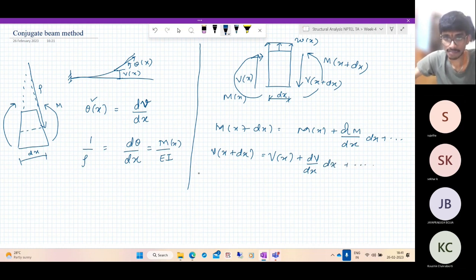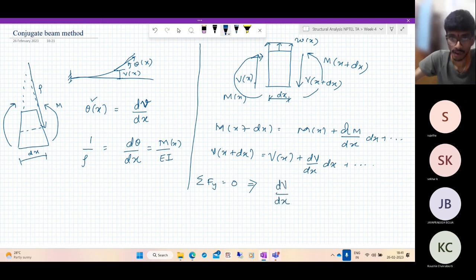Now, if you establish equilibrium, sigma fy for the infinitesimal element equal to 0, you get v of x minus v of x minus dv by dx dx plus w of x dx equal to 0. So dx cancels, v of x cancels, and you get dv by dx is equal to w.